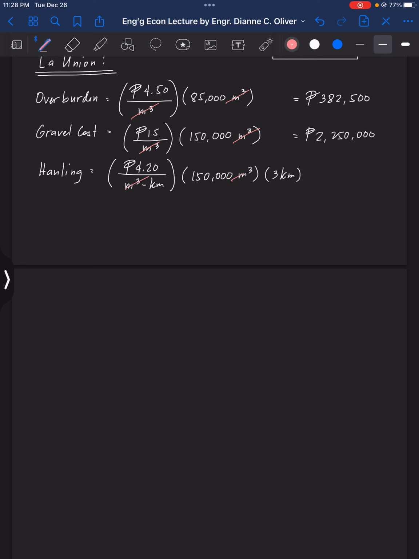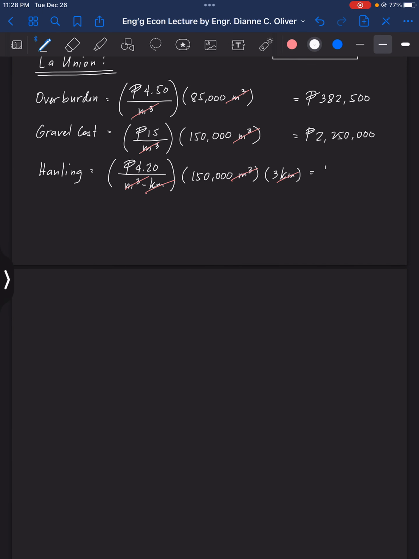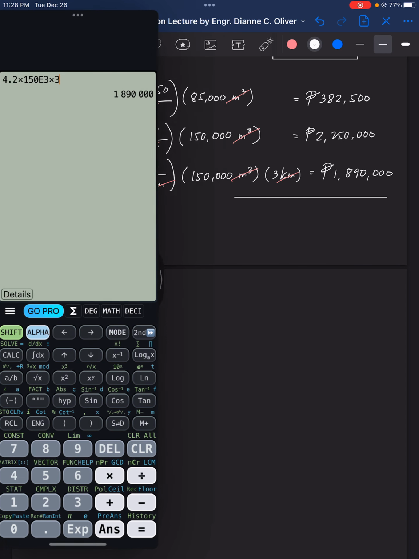So cancel cubic meter, cancel kilometers. What's left is 4.2 times 150,000 times 3. So that is 1,890,000 pesos.